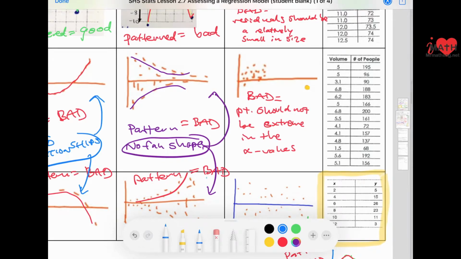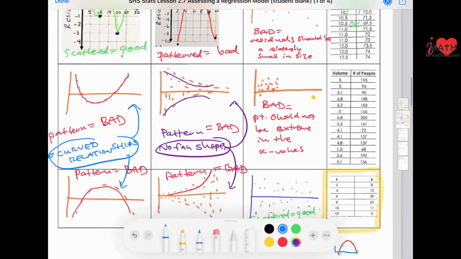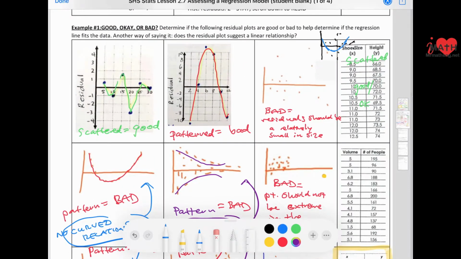Okay. How about the, whoops, let's use technology. This graph was actually this one down here, the volume. Sorry, I looked at the wrong one on my answer key. That one was scattered to okay. My fault.